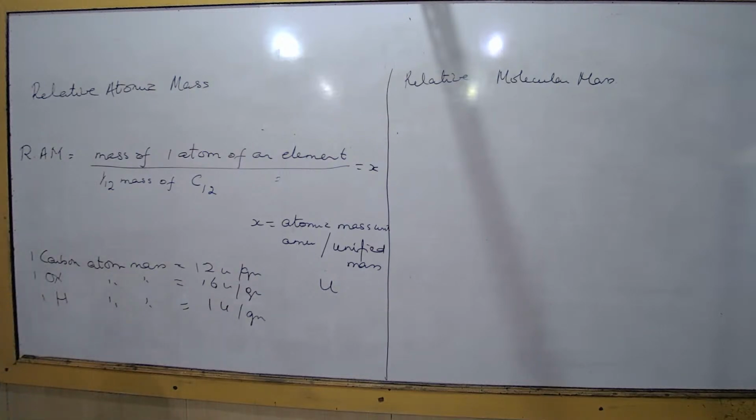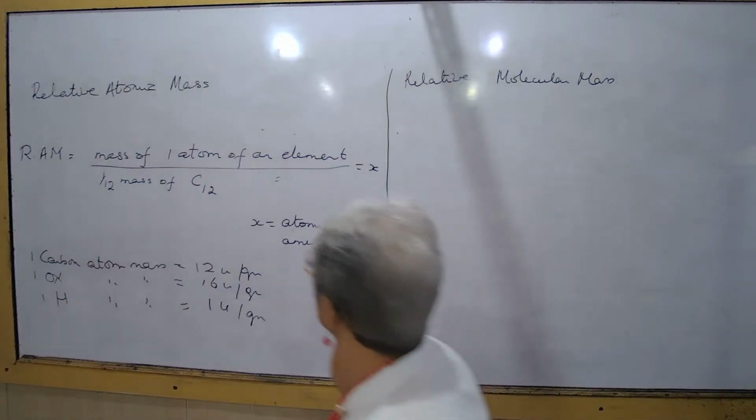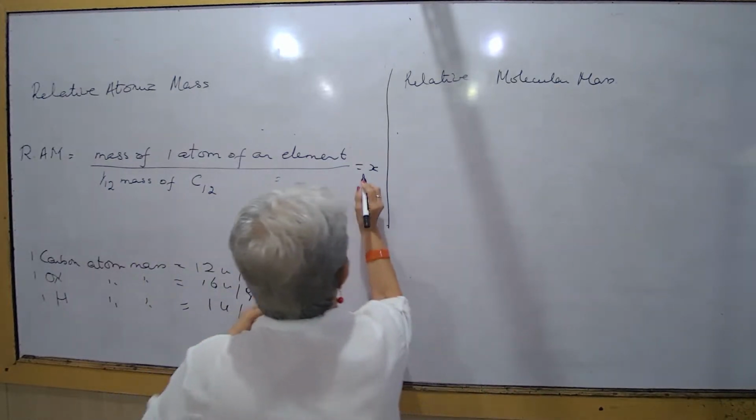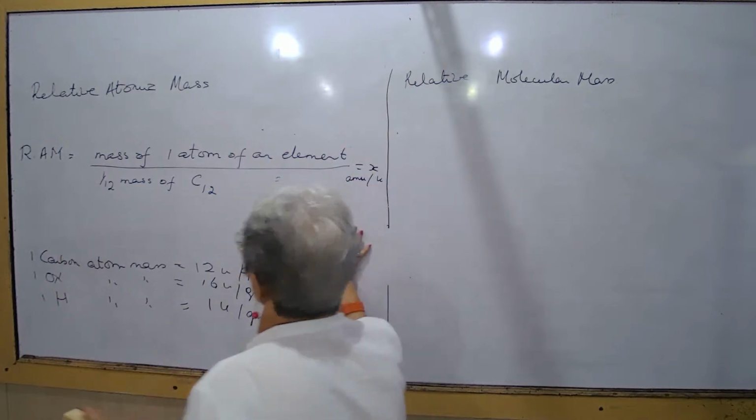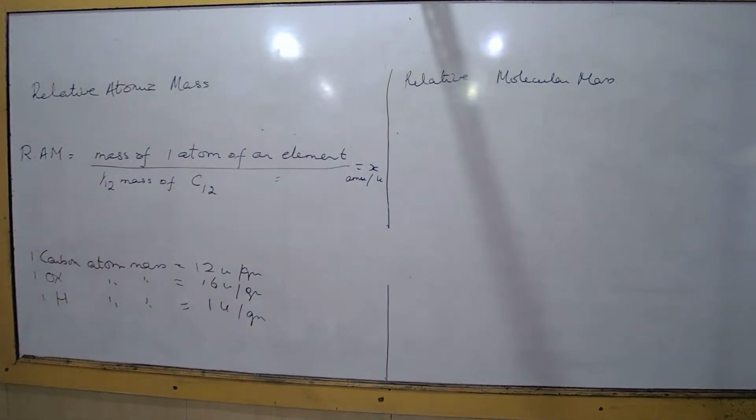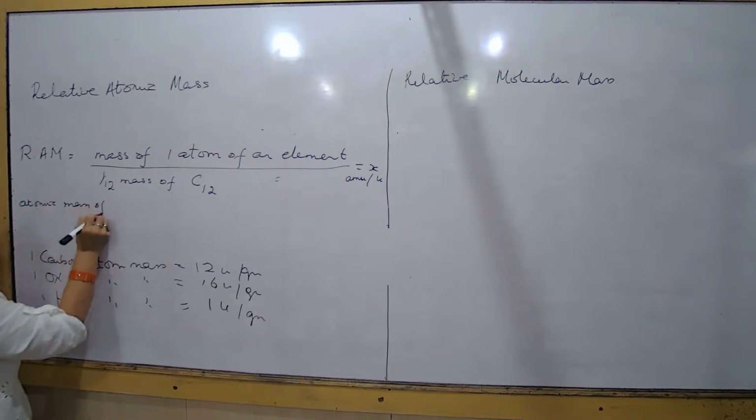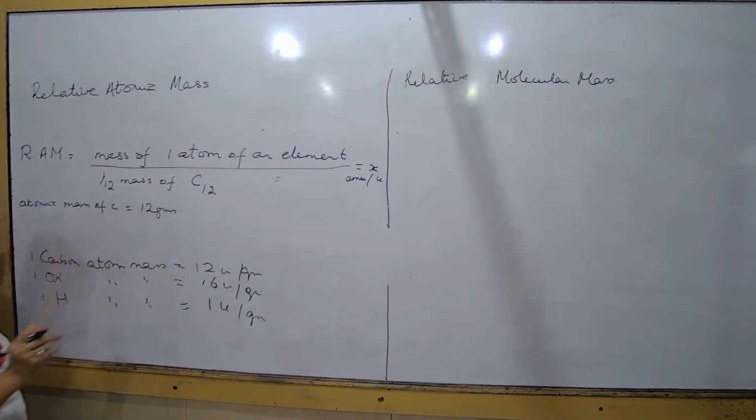We need to find the exact value of U. In the case of carbon, this is AMU or U. Now what I'm saying is, if I say the atomic mass of carbon is 12 grams, how many atoms are there in these 12 grams?